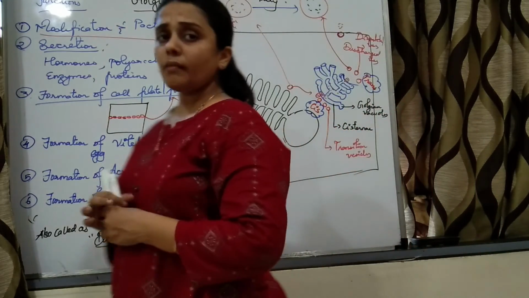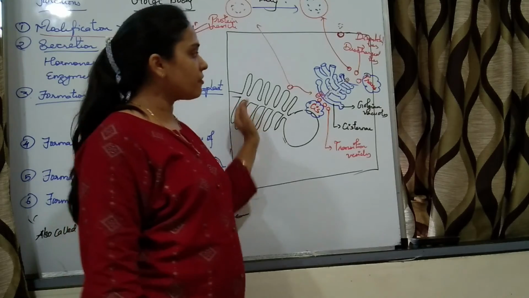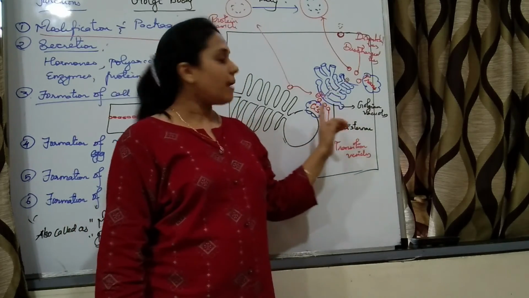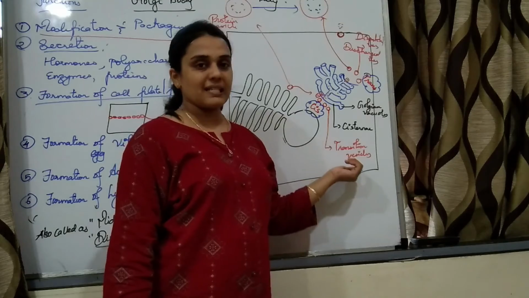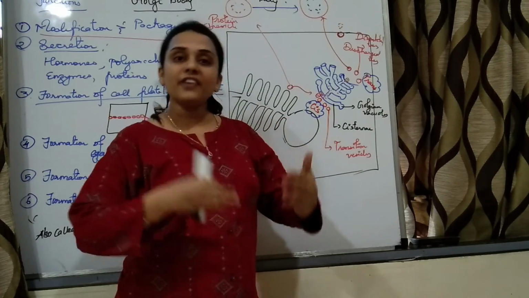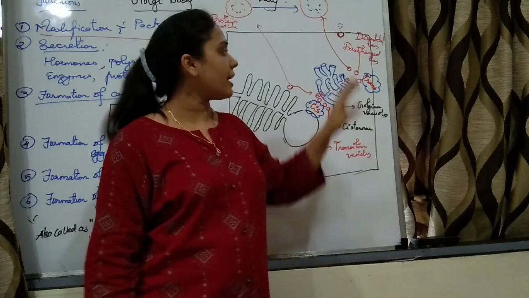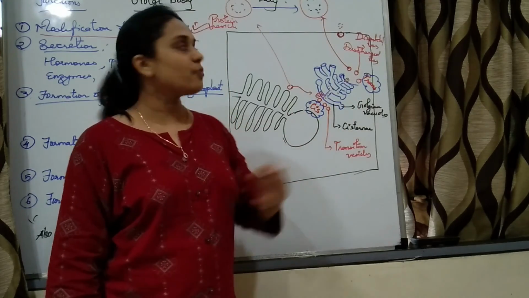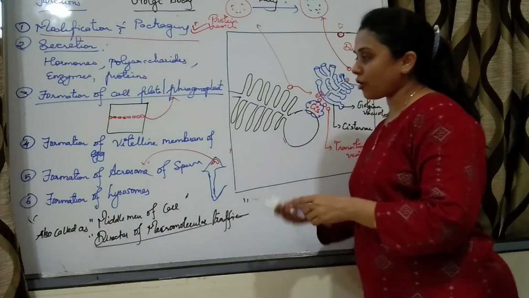Right? Any raw material from the endoplasmic reticulum is received by the cis face of the Golgi body in the form of transition vesicles. Modification is done and finally it is shipped outside by discharged vesicles through the trans face or maturing face.